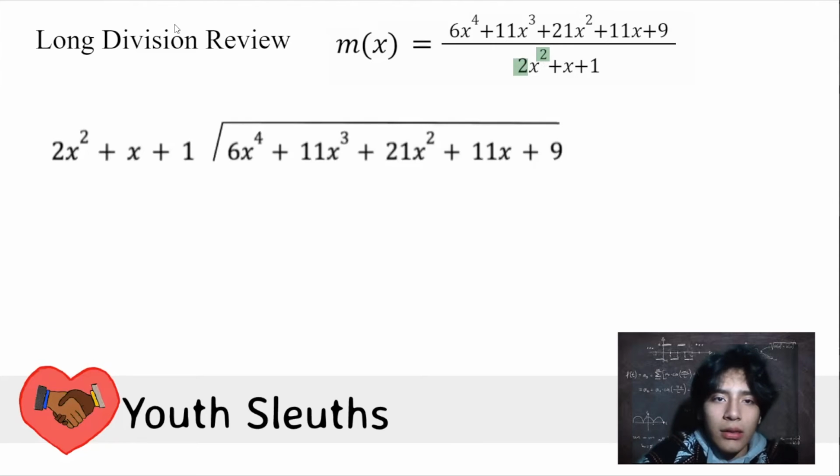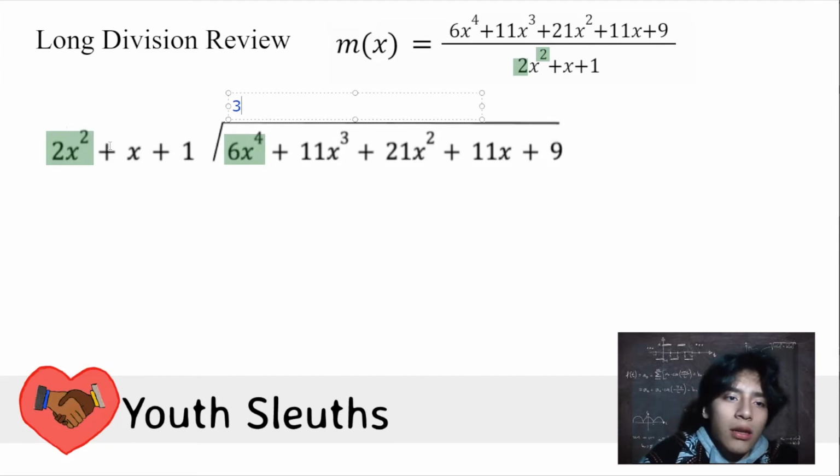What I want to first highlight is our 2x squared and our 6x to the 4th. And I want to know what number gets me from 2 to 6, which is just 3. And how many x's I need to get me to x to the 4th from x squared, so that's just x squared.